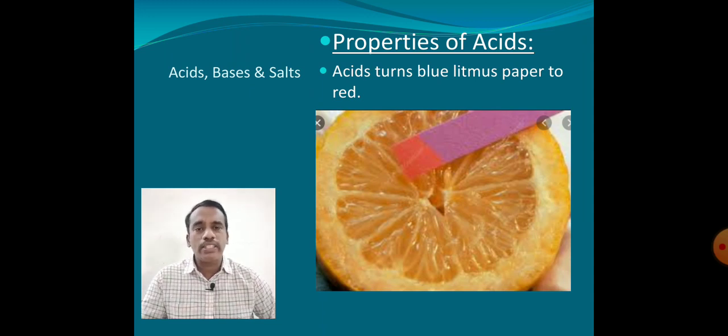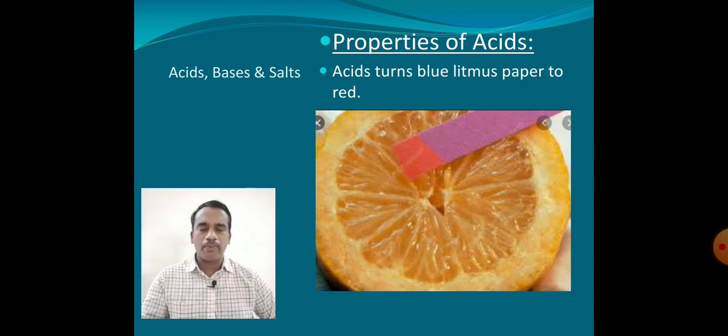Now how can we say that a compound is an acid without tasting it? Then we are going to use the litmus paper. There are two kinds of litmus papers we use here. One is called a blue litmus paper. Basically the litmus paper is extracted from a lichen.